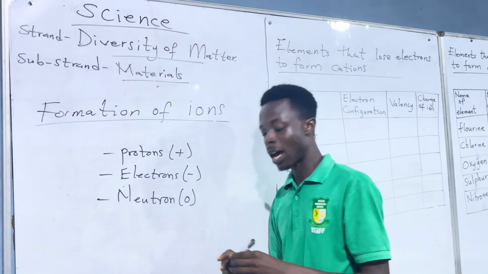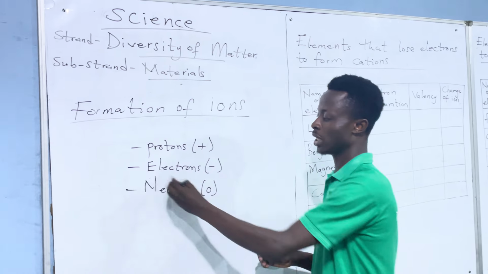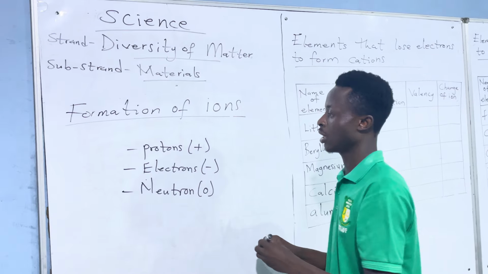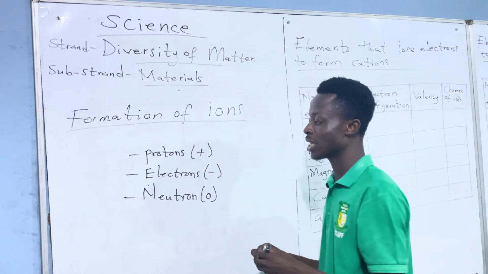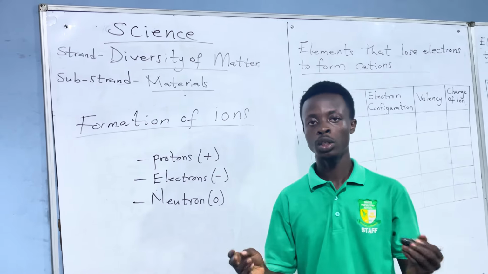Every atom has an equal number of protons and electrons, and since their charges are opposite, they cancel out, making the atom electrically neutral.